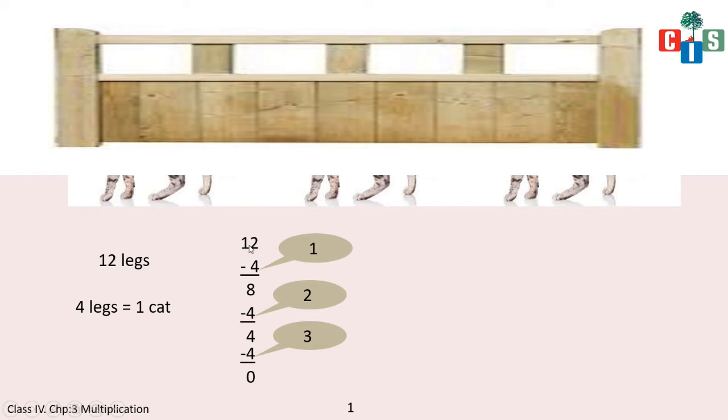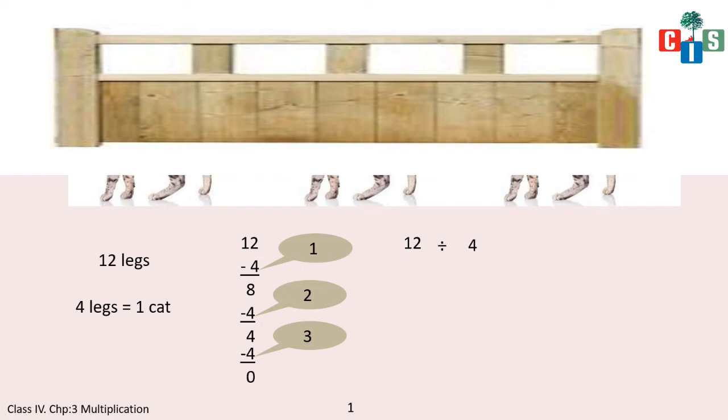Total I have 12 legs. So children, this I can represent in a different way, like 12 legs and 4 legs each. Total is 12 legs and 4 legs each. And this sign is represented by division.